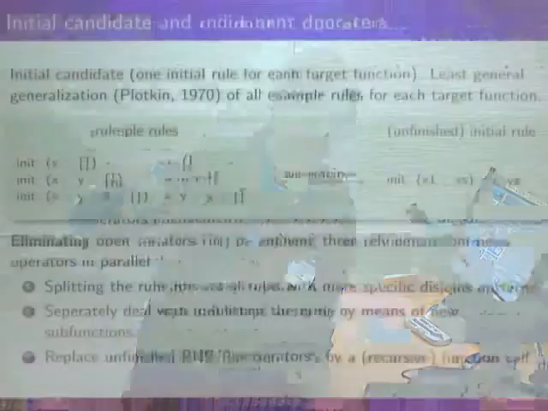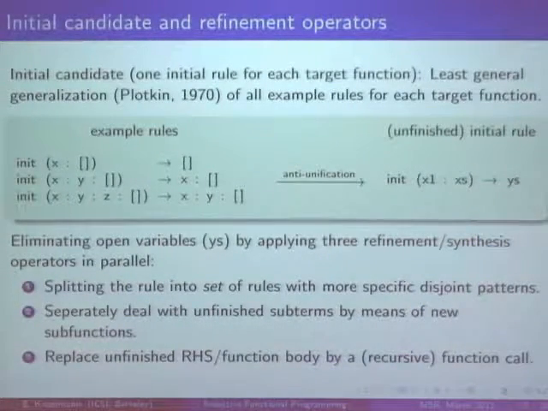And this is done by taking the least general generalization, a syntactic generalization. This is a concept defined by Plotkin in 1970. And the idea is that at each position where the examples are equal, we just keep the symbol. And at each position where the examples are different, we introduce a variable.